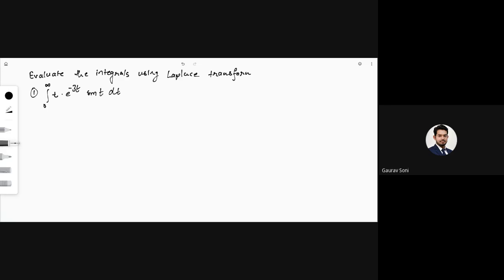So what we are going to do here is, I'll just recall the basic definition. First of all, I will write this integration as 0 to infinity e to the power minus 3t in bracket t sin t dt. We have a basic definition: Laplace of f of t is given by integral 0 to infinity e to the power minus st f of t dt.